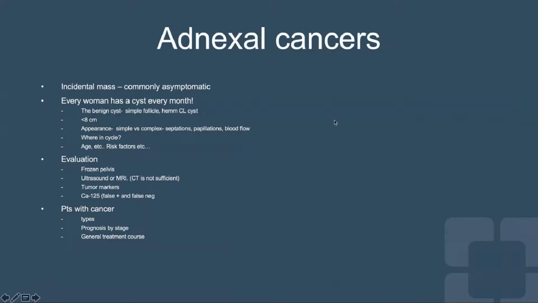Looking at adnexal cancers, oftentimes we'll find incidental masses, and we're sent cysts in gynecology all the time, and this is how we differentiate them. Oftentimes we need to tell women a benign cyst is present in a woman every month as part of the follicle.